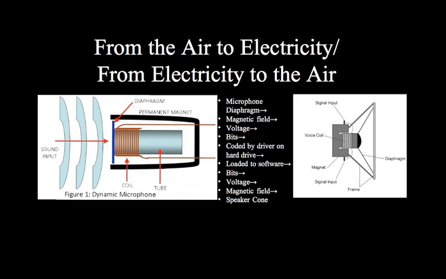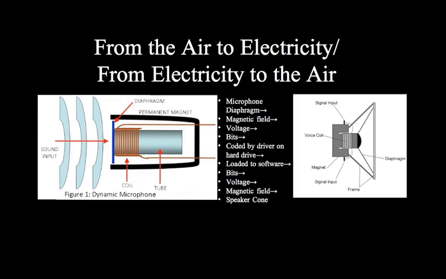So we go air. The air wiggles the microphone diaphragm. That's what we see to the far left. That microphone diaphragm wiggles the magnetic field that is generated by the magnet. That wiggle modulates the voltage in the wire that is connected to the microphone.